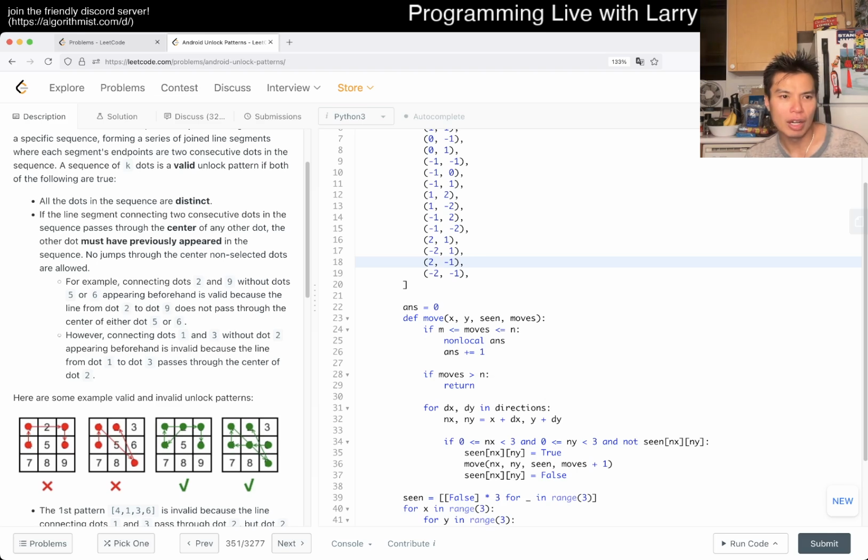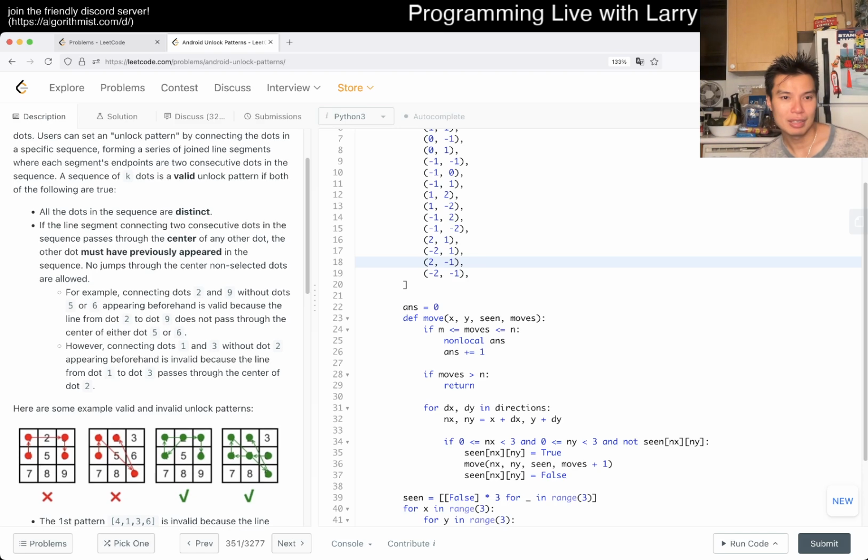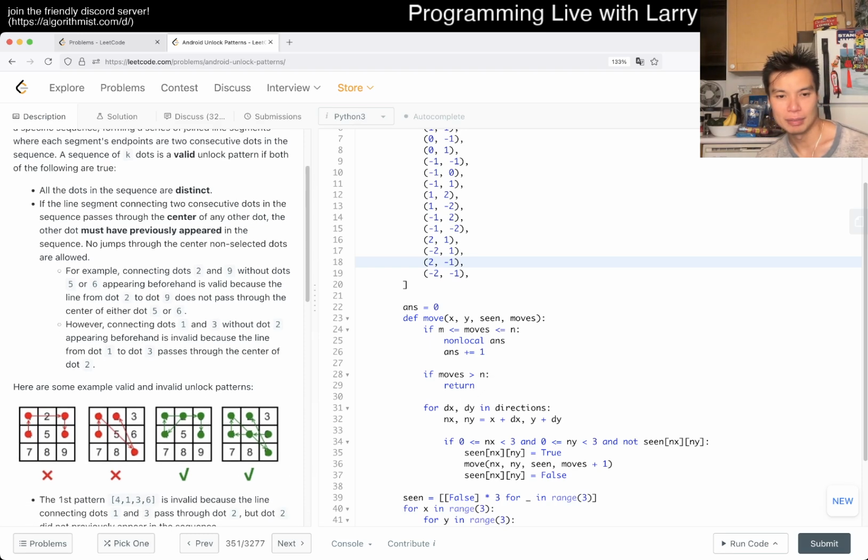Oh, so, oh man, I didn't read this one properly. I thought that you just can't pass through the center of every other dot. And that maybe is why I'm undercounting. But it seems like you can pass through the center of the dots if they already exist.